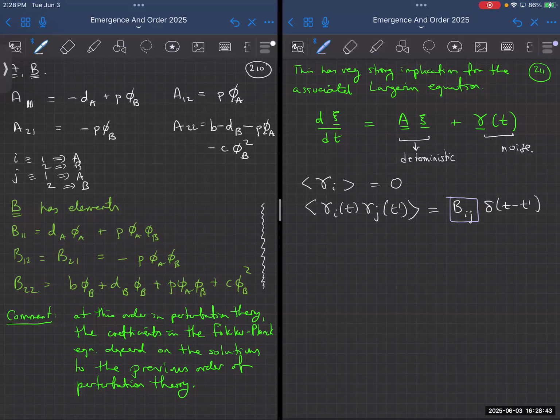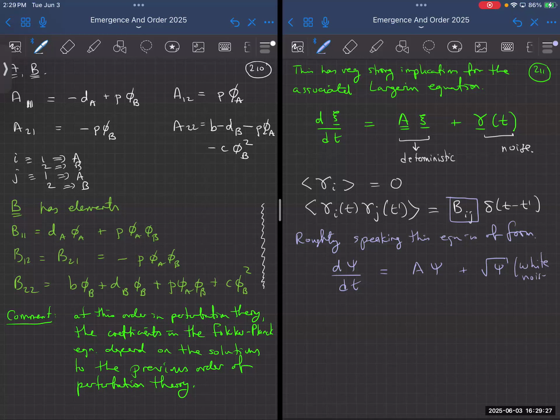So roughly speaking, this equation is of the form d psi by dt is equal to something times psi plus something that is the square root of psi times a white noise. That's the structure of this equation.